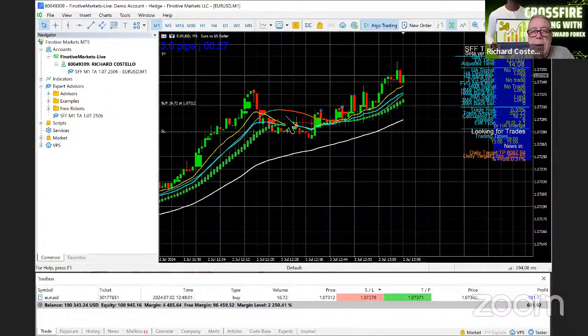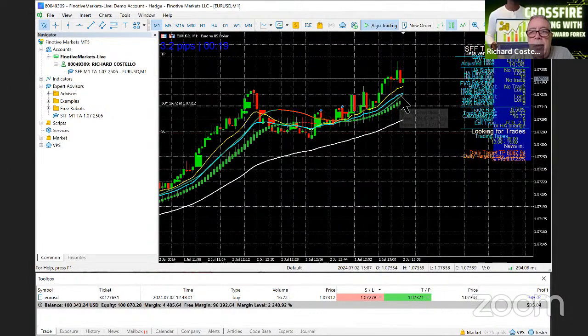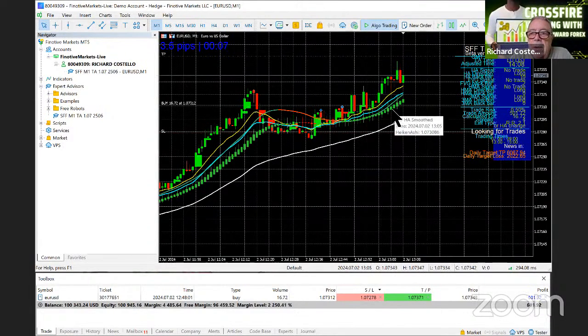You've got this red and green Hull average, which was green and then changed to red. It's currently back to green, so that's suggesting price is moving up. And we've got the Heiken Ashi candles, which are still moving up, still green, and still consistent size-wise.